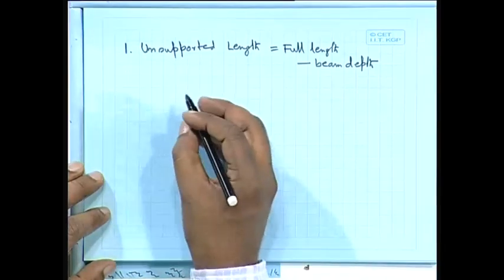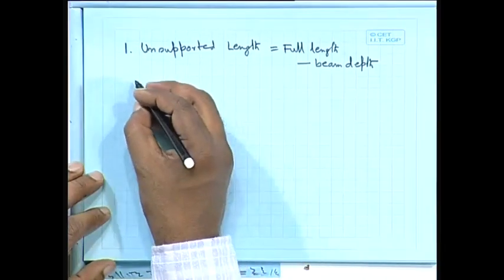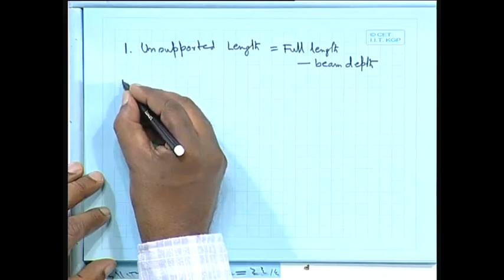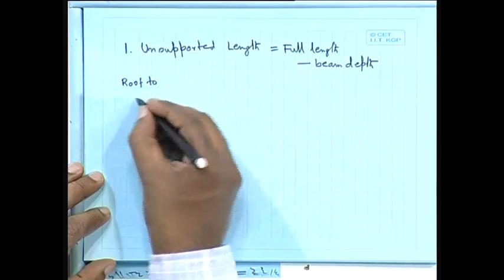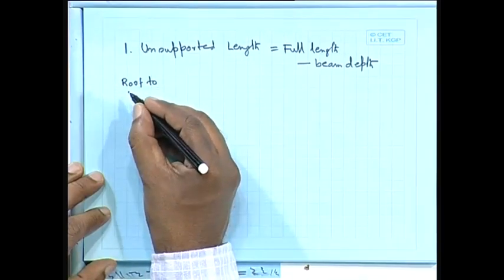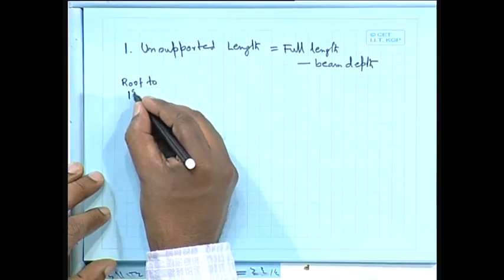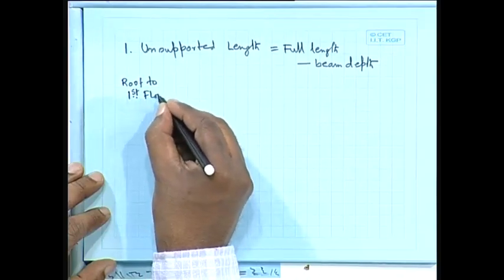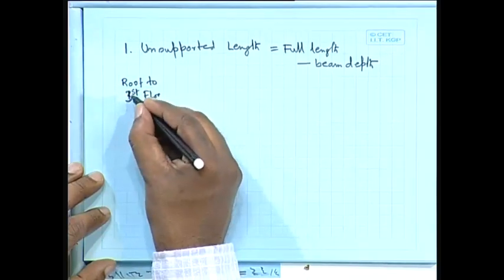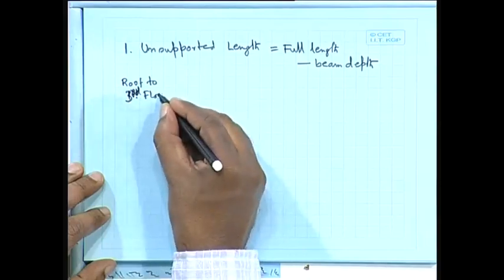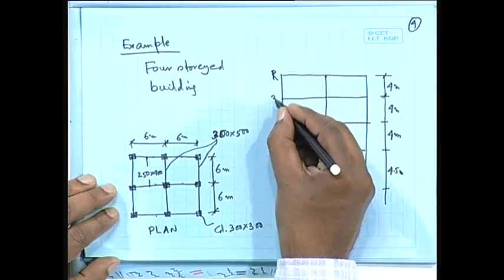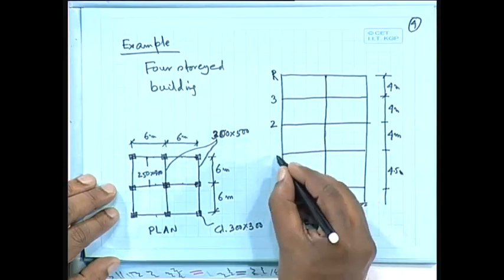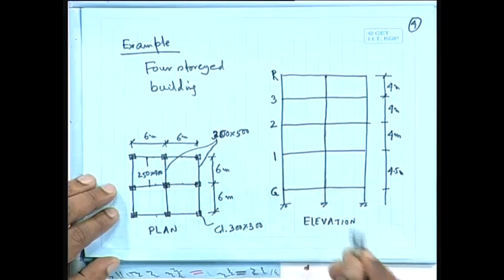So we shall get it for roof, third, second, first, ground.